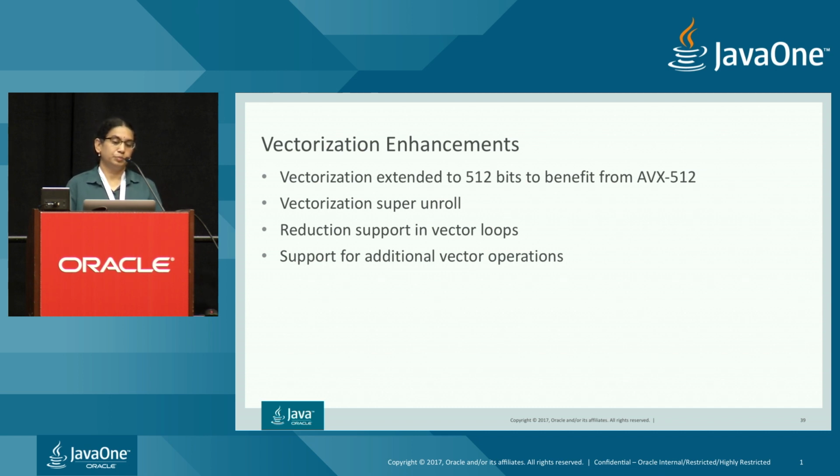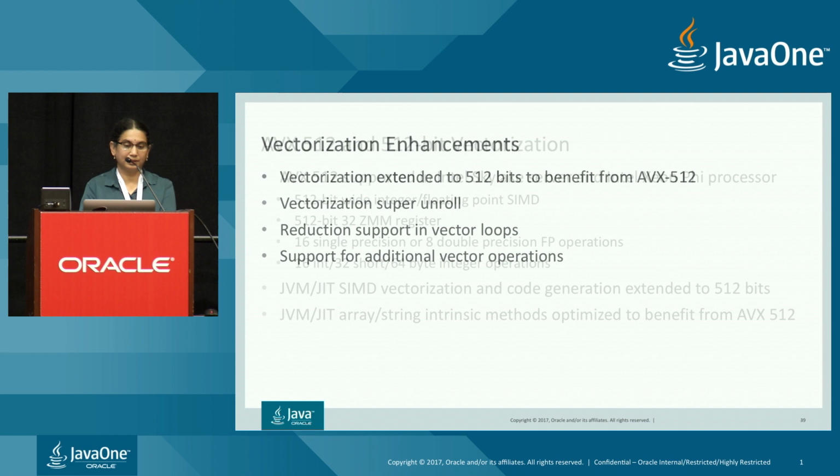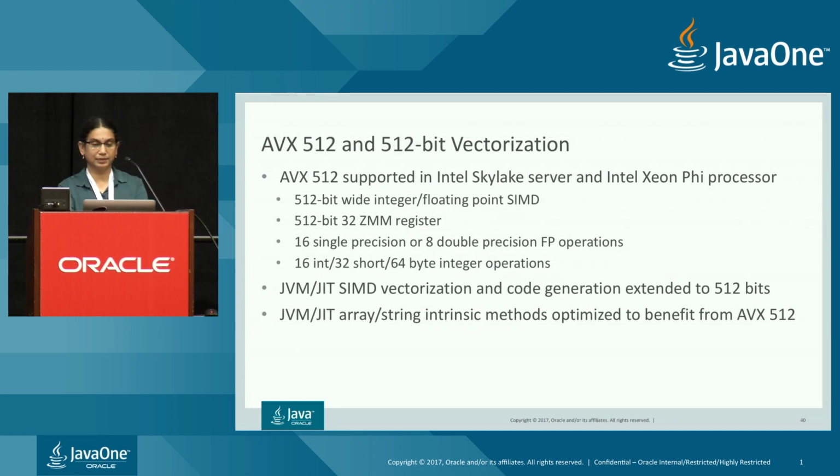We do super unrolling of the vectorized main loop. Reduction support is added. Vector loops with reduction in them are now vectorized. And also there is support for additional operations that get vectorized now. So I'll go into those details in the next couple of slides.